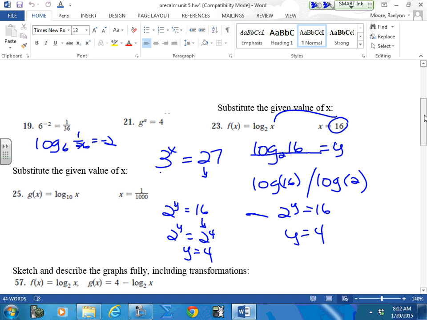Bring this down to the same base. Once the bases are the same, then the exponents are equal. Yep. Okay. And that was these guys. And then you can substitute in this value of x and solve it. And there's your properties.